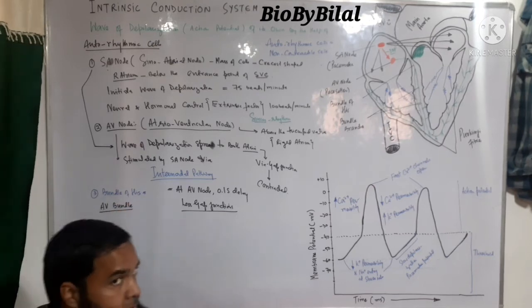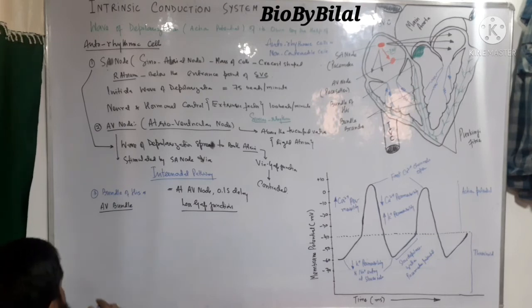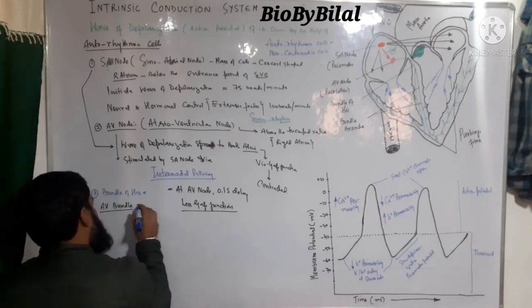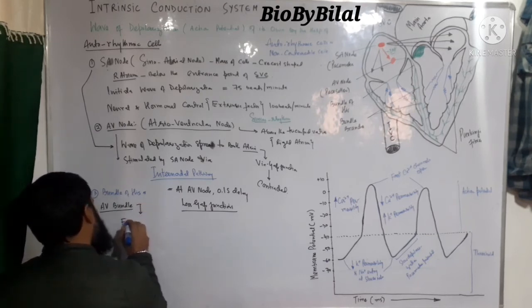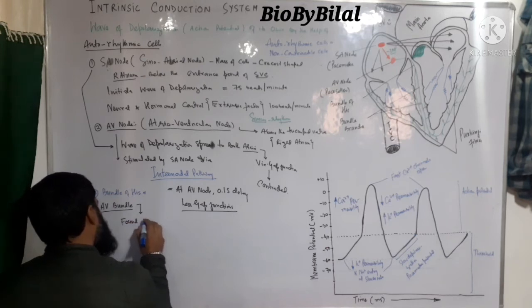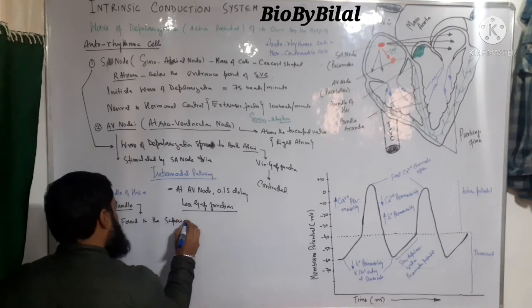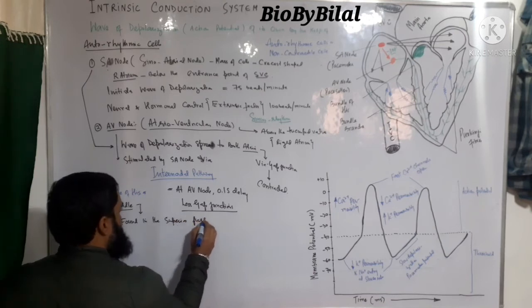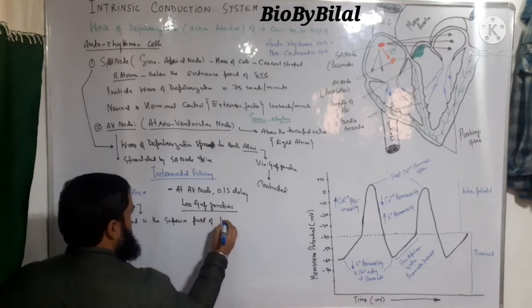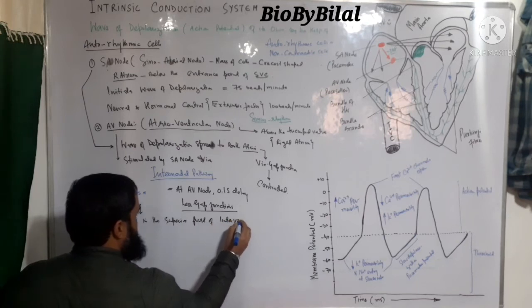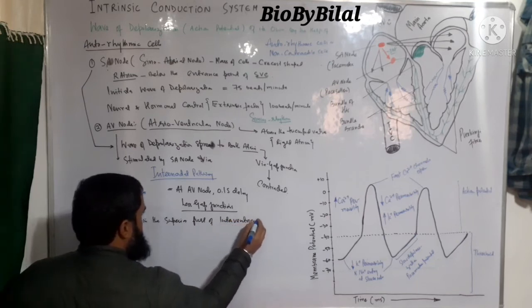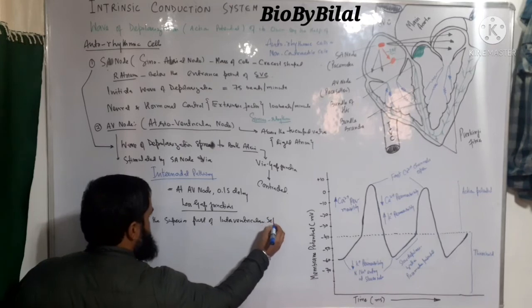This bundle of His or AV bundle is found in the superior part of interventricular septum.